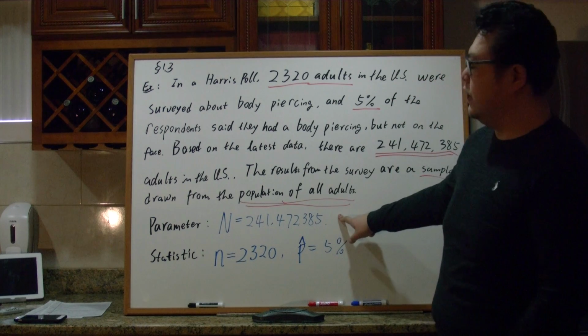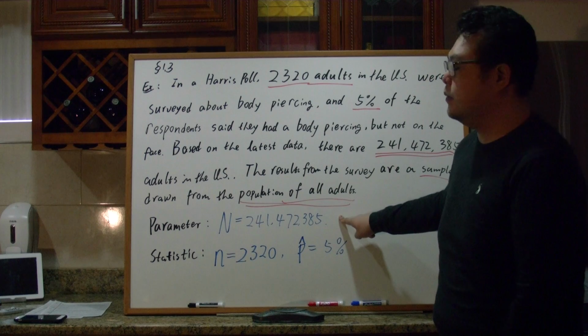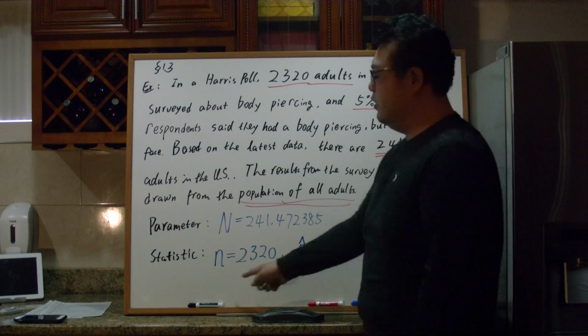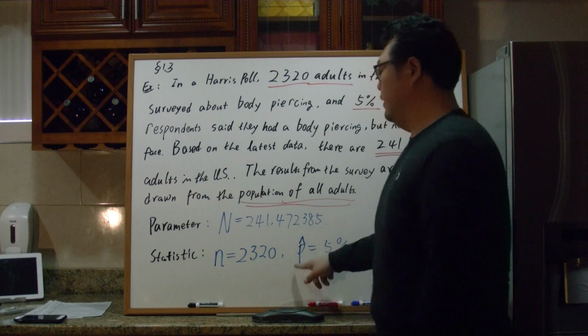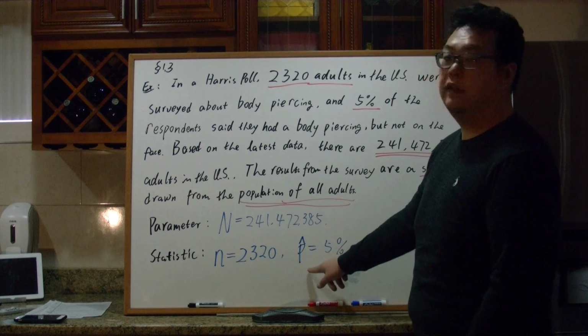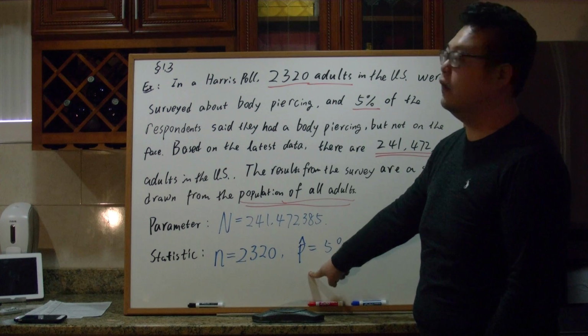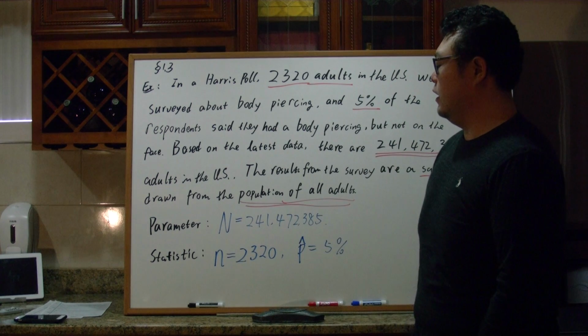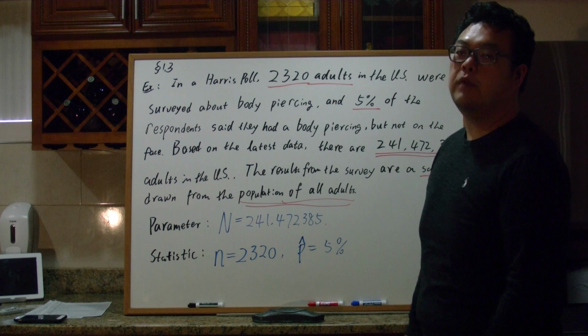That capital N is always referred to, in our course, as the population size. Lowercase n refers to the sample size. And p with a hat, that's called p-hat, refers to the sample proportion.